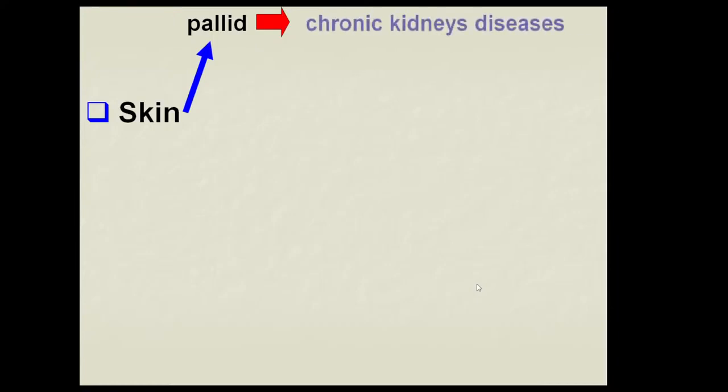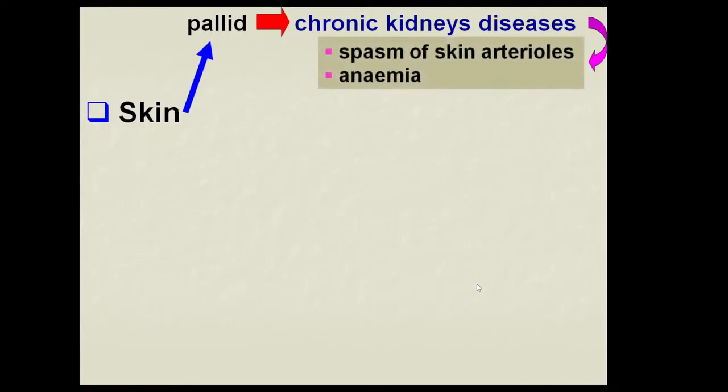Skin of the patient. First of all, we'll pay attention to its color. For kidney disease, a pale white color of skin is characteristic due to narrowing or spasm of skin arterioles and as a result of anemia.